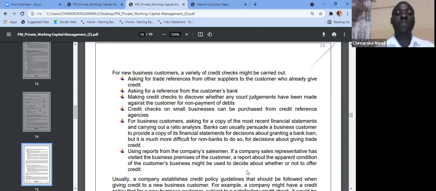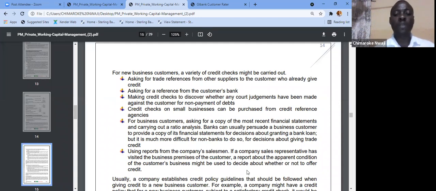You may ask for a copy of the most recent financial statement and carry out some ratio analysis to see if the liquidity position, the working capital management and other ratios we did in part one will make the company a very good company to do credit business with, or if there are red flags or risk involved in giving out a loan.